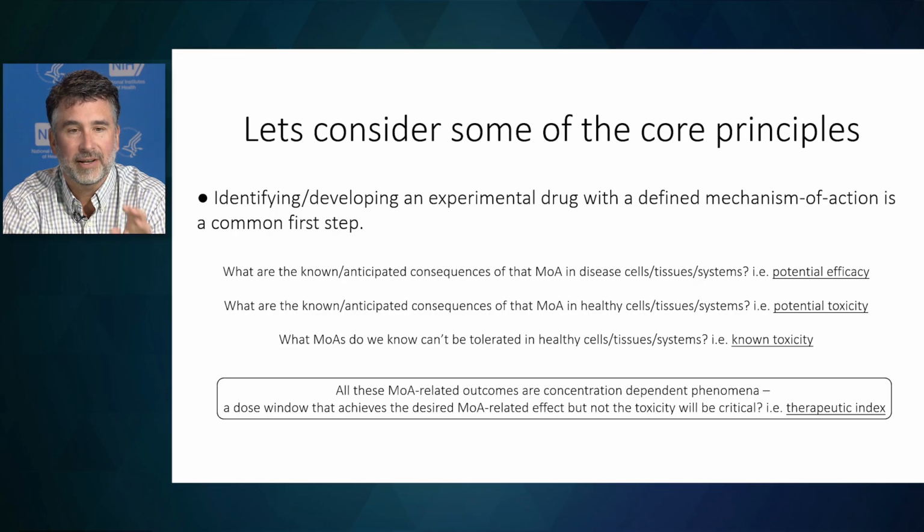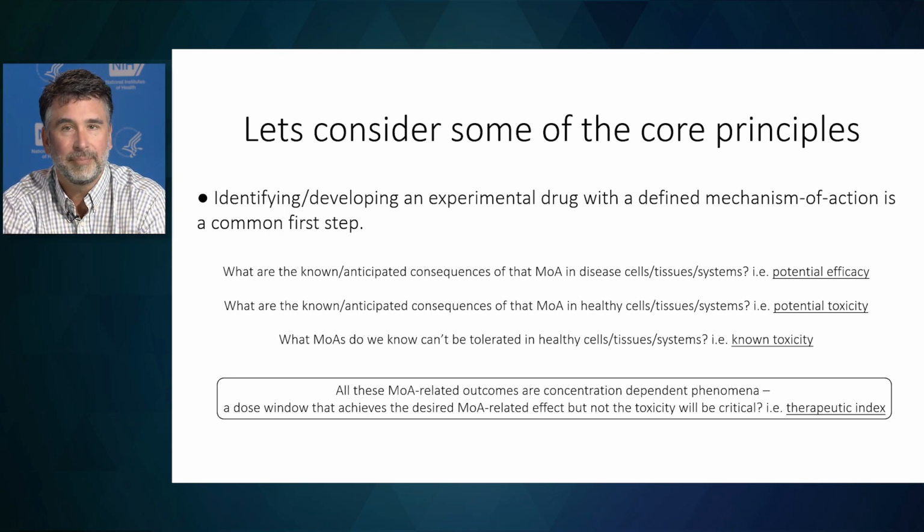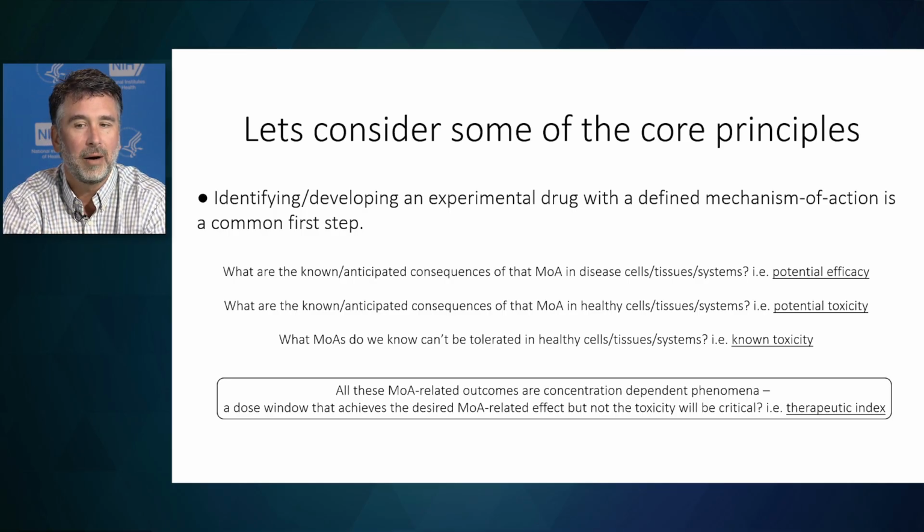And it's important to state that all of these mechanism of action related outcomes are concentration dependent. So we might need a concentration level to yield that efficacy, but we can't achieve a certain concentration level of that drug in that human before it creates a toxicity. Within that dose window that achieves the desired mechanism of action related effect, but not the toxicity, that's the critical element that defines the therapeutic index of that therapy.